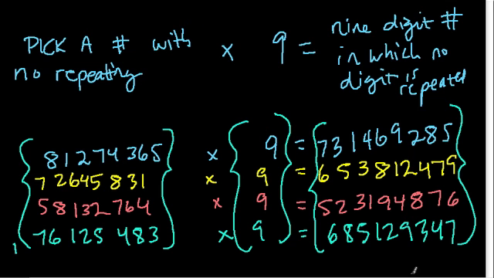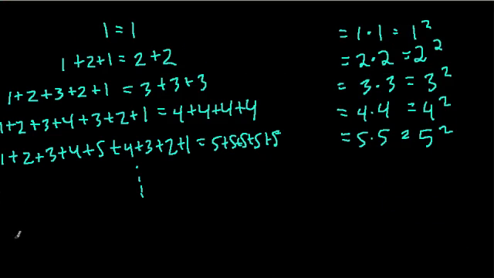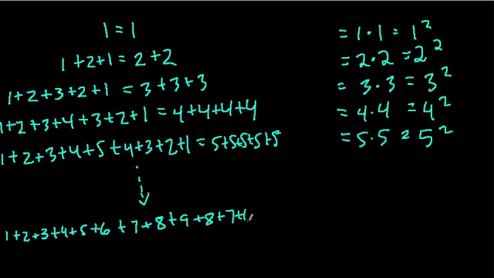All the way until we climb all the way to 9. So 1 plus 2 plus, I'm going to try to fit this, 3 plus 4 plus 5 plus 6 plus 7 plus 8 plus 9 plus 8 plus 7 plus 6 plus 5 plus 4 plus 3 plus 2 plus 1.